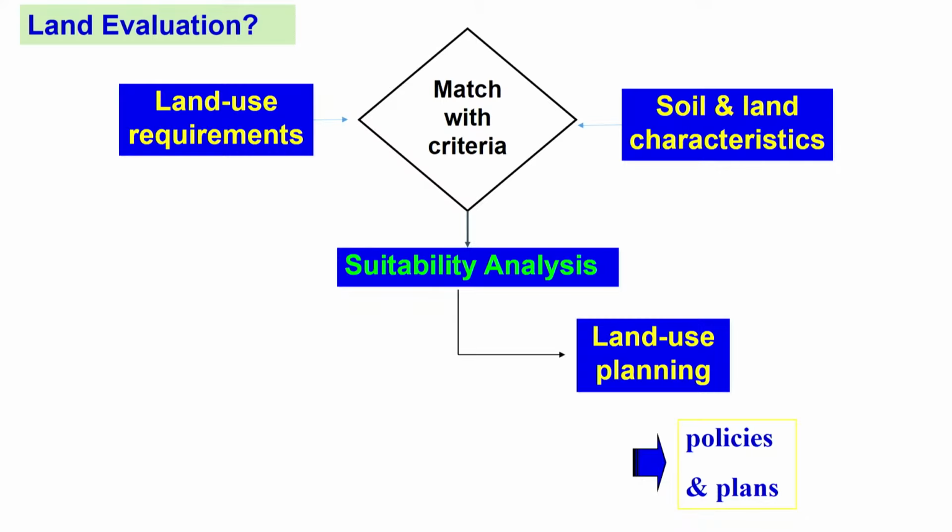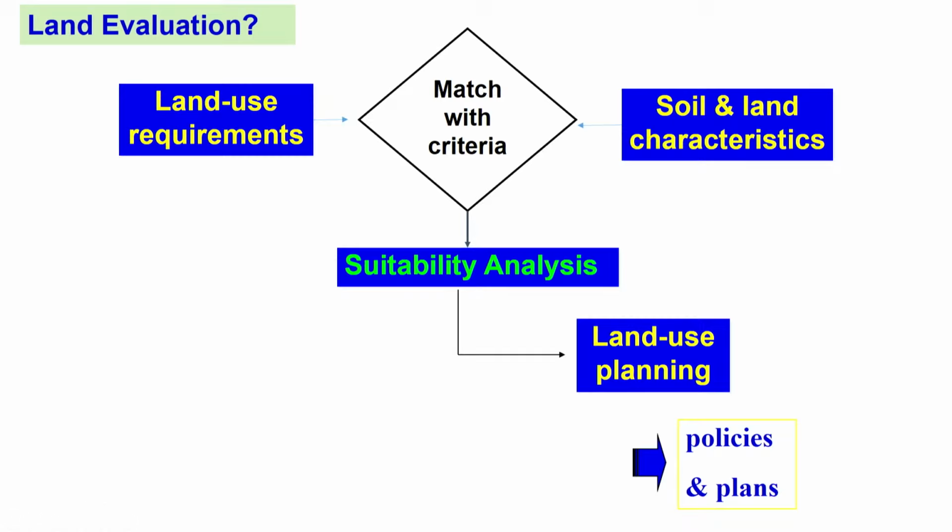So what we do in land evaluation is, suppose you have the soil and land characteristics, meaning from the soil map you get this information, and for the different land uses, for example agriculture, forestry, urban planning, you know the requirements. From the literature we get this requirement.